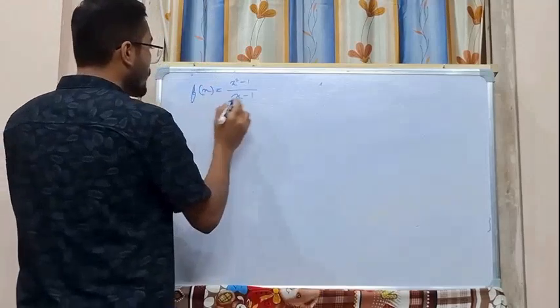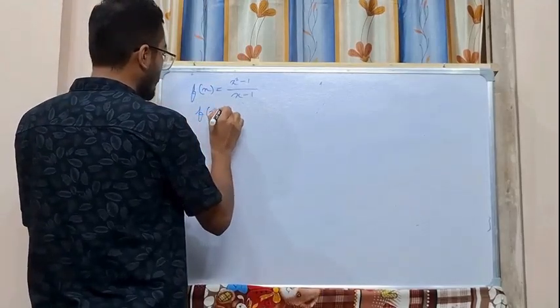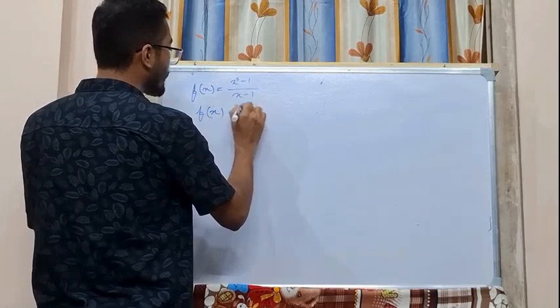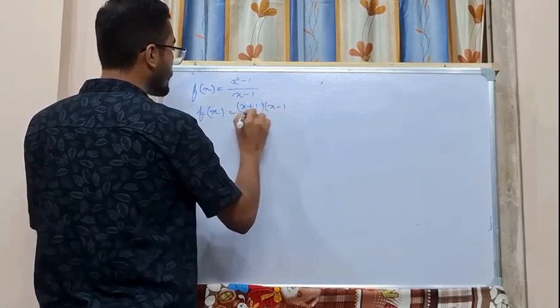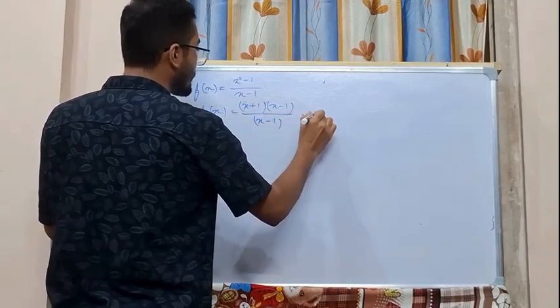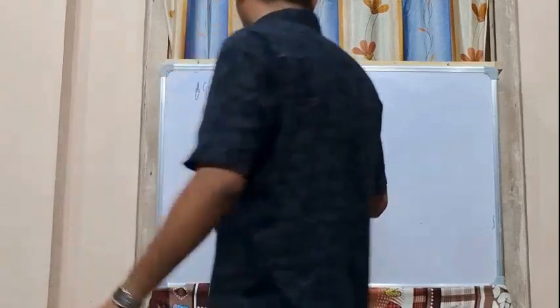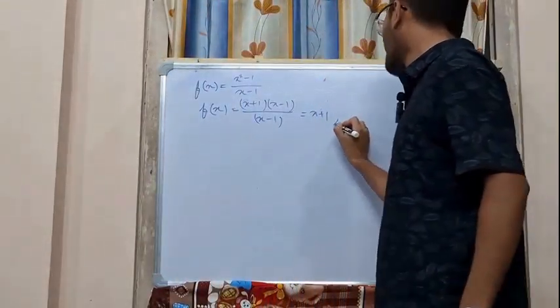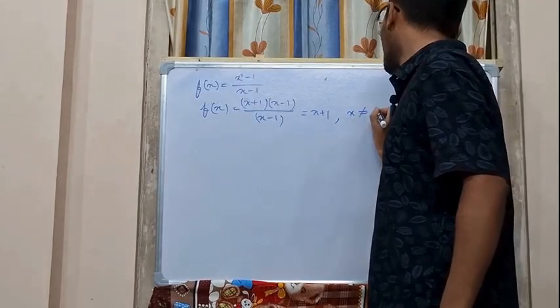Elaborate the function. f(x) is equal to (x plus 1)(x minus 1) divided by (x minus 1), which is equal to x plus 1, only when x is not equal to 1, right?